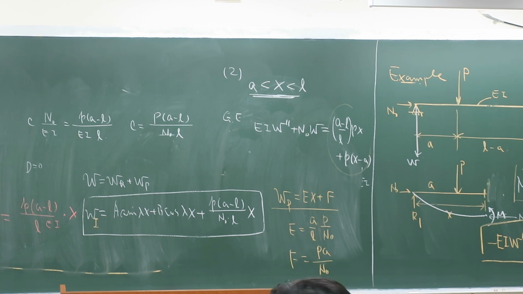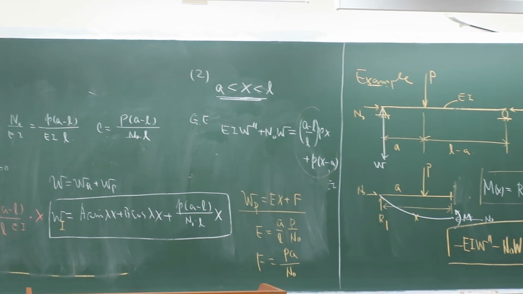So that means for this case, I have a P loading. This is A, and this is a roller, right? For N0. So in the first part, this is W1, something like this.